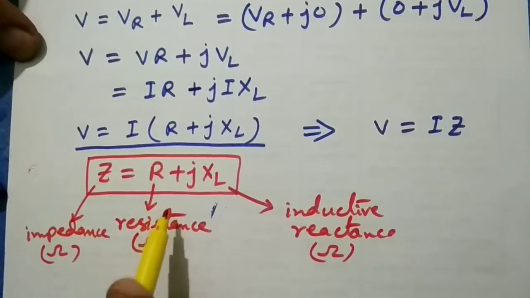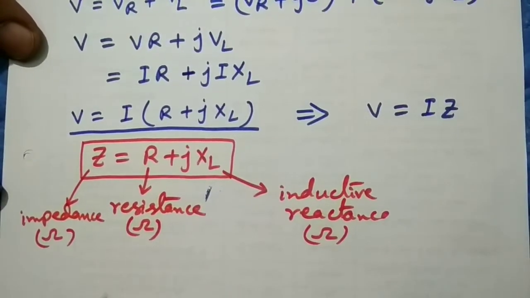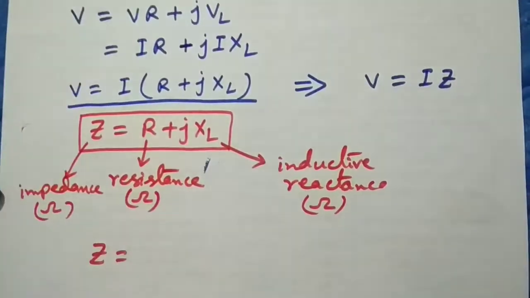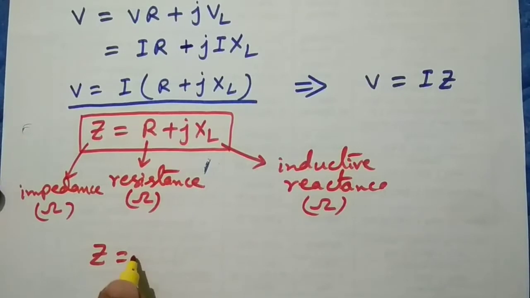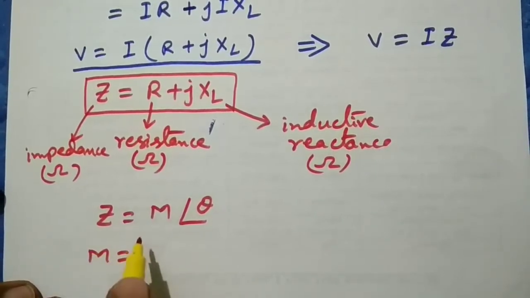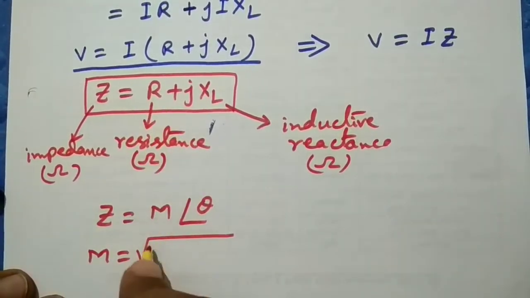Now if I want to find the magnitude of the impedance and its phase angle, Z can be converted to polar form. So it will be M angle theta. Here M will be the square root of R square plus XL square.